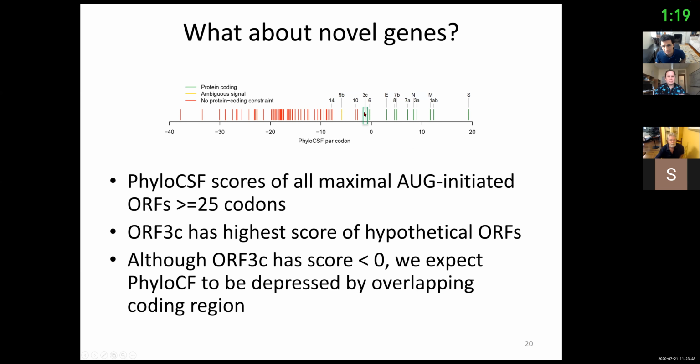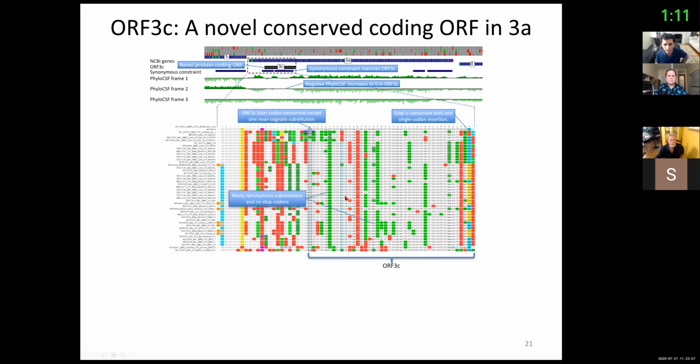But there was one surprise here, which we call ORF3C, which is very seemingly protein coding. If you look at it, you basically see that ORF3C is encoded in the first half of 3A in an alternate reading frame. And you can see this overwhelming signal for synonymous constraint on one hand, but also for substitutions that are conservative within ORF3A.